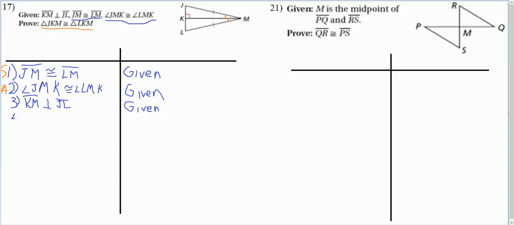So since I know perpendicular means intersects to form a right angle, I can now say that angle JKM and angle LKM are right angles.